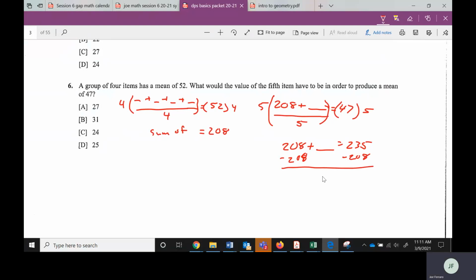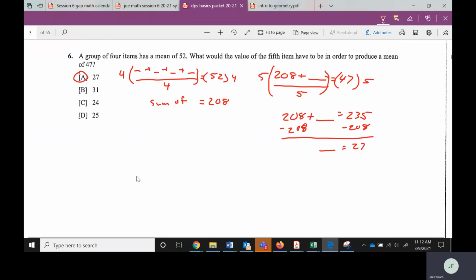And we're going to get this blank equal to 27. Now again, worst comes to worst, you can do guess and check. This is a multiple choice test. If you understand this, it's going to be faster to do it this way, but you could guess and check.